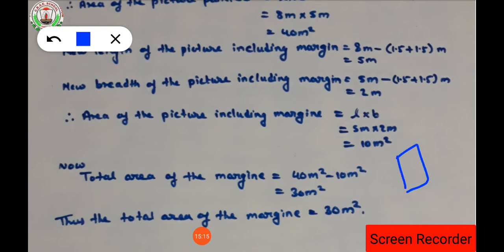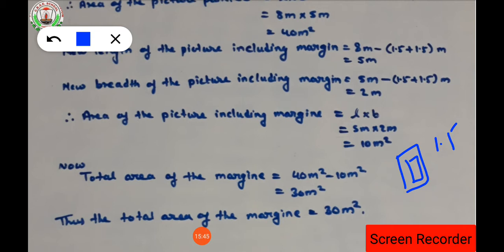Now a margin is being drawn along each of its sides, such that there is a margin of 1.5 meter along each of its sides, then find the total area of the margin. Suppose the picture is this one and the margin is 1.5 meter, isn't it?